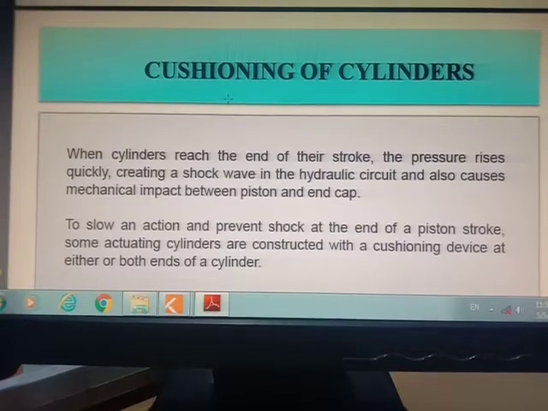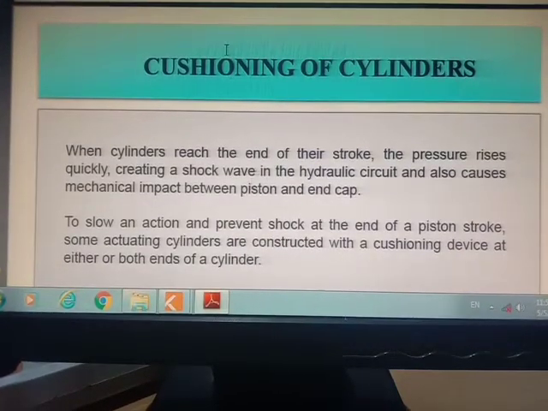Okay, now what happens here? What is the cushioning of cylinder? When cylinders reach the end of their stroke, means when the piston reaches the stroke end, the pressure rises quickly, creating a shock wave in the hydraulic circuit and also causing mechanical impact between the piston and the end cap.